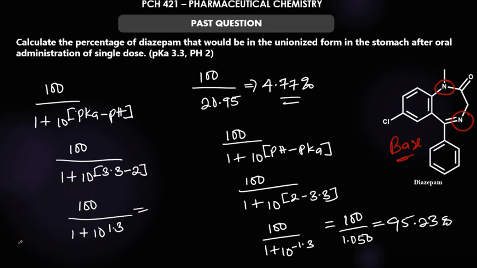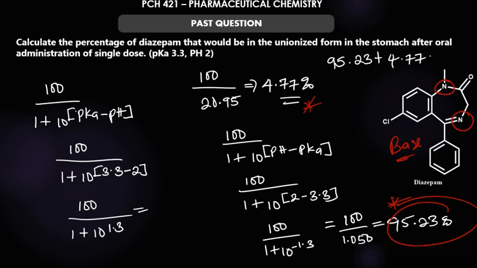That is the final answer, such that if you sum 95.23 and 4.77, you get exactly 100%. Is that okay? So that's basically how to go about this.